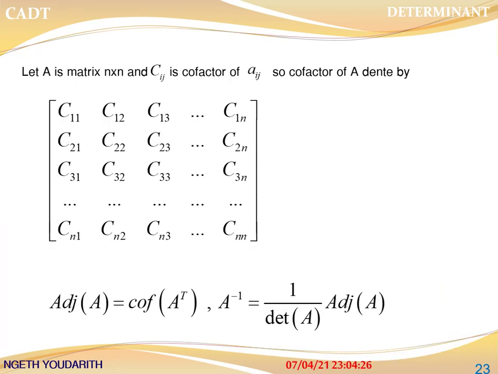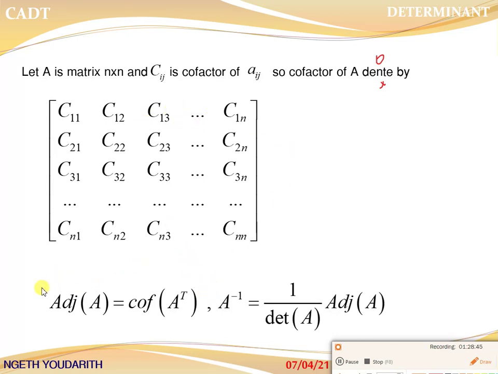And let A is a matrix M by N and Cij is cofactor of Aij. So cofactor of A denoted by C11, C12.